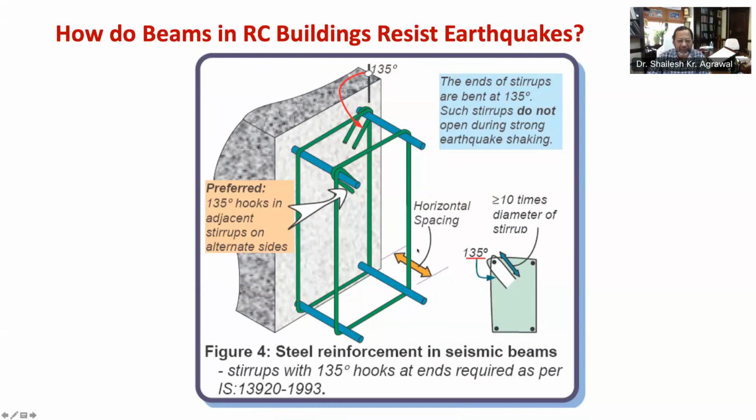As you can see in this figure, the ends of vertical stirrups should be bent into a 135-degree hook and should be extended sufficiently beyond this hook so as to ensure that the stirrup does not open out in an earthquake. Also, spacing of vertical stirrups in any portion of the beam should be calculated through design.